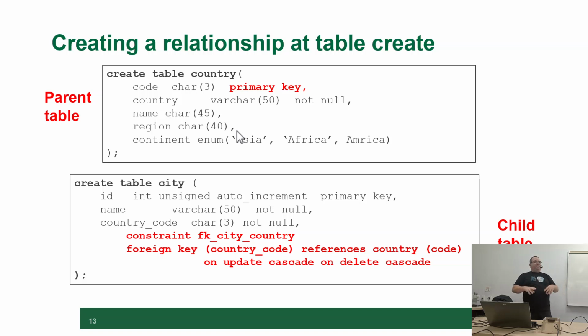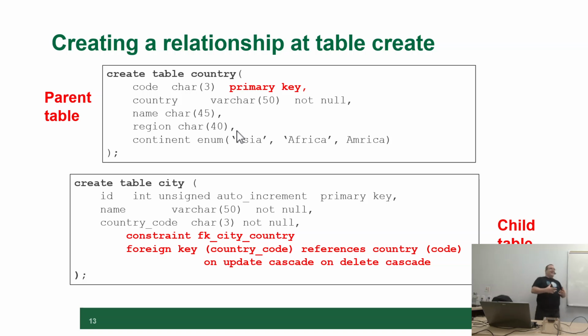So on update cascade means that if you were to change the primary key in the country table, so country code Canada suddenly becomes country code USA, it would reach into the child table and update all the foreign keys to match automatically. So anything that was Can before suddenly becomes USA. That's what the cascade does.